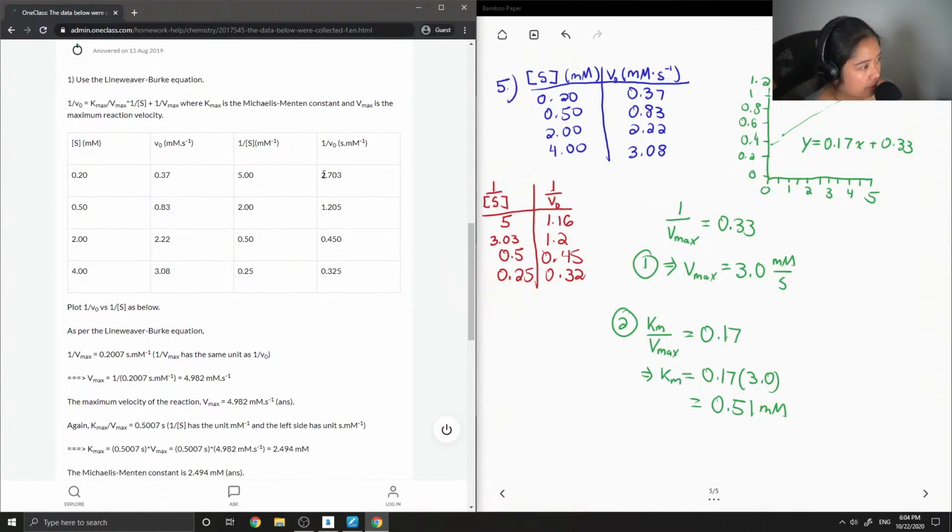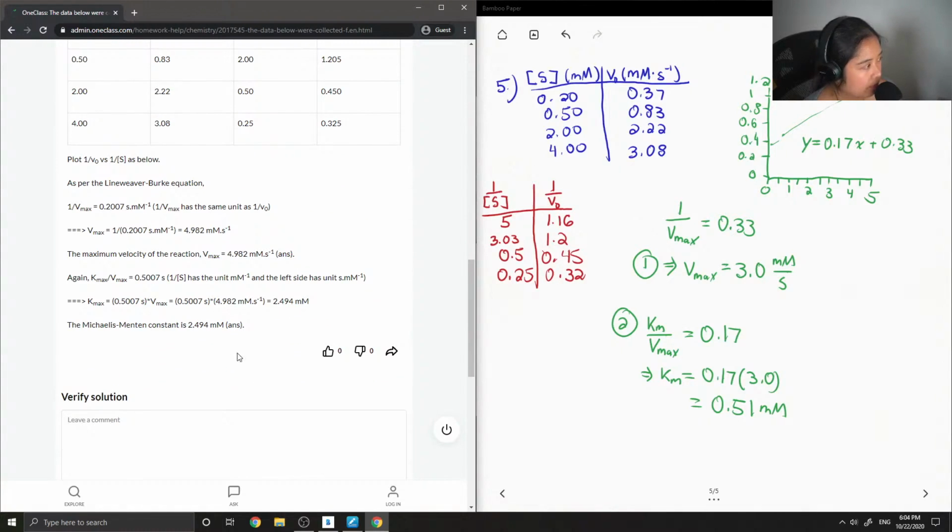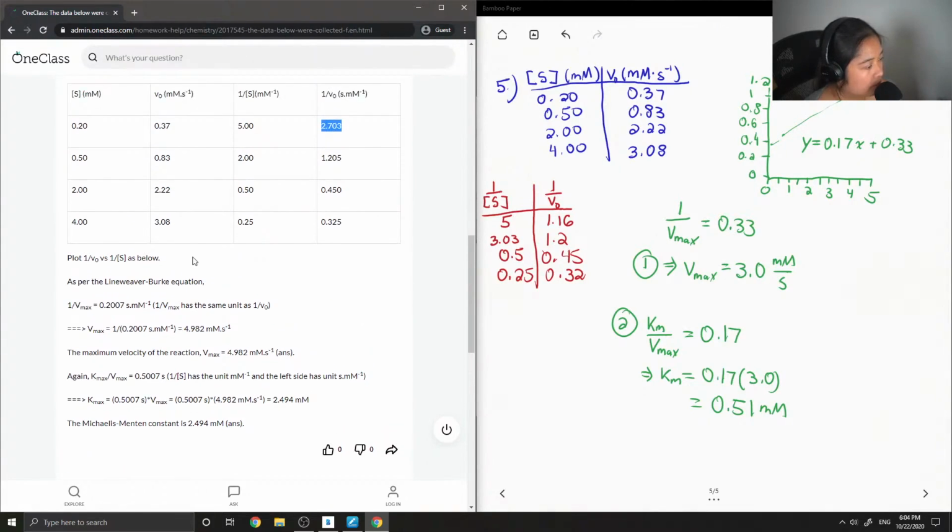They got a different value here, but the rest are right. I think that just from that one mistake, it kind of messed up their math a little bit.